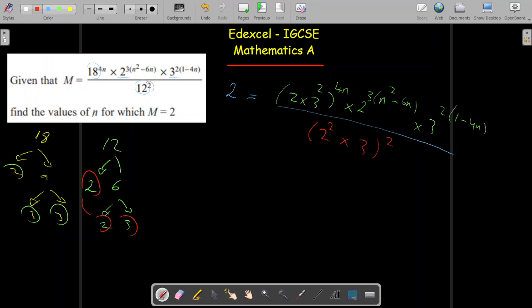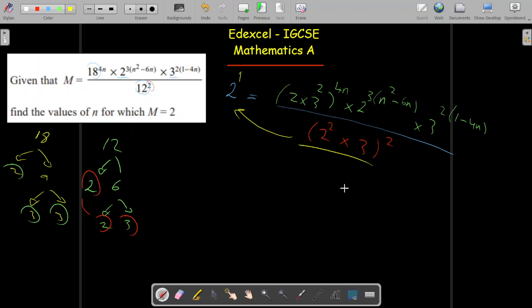So now what we're going to do, we try to get rid of this denominator, so we can have two sides of an equation. So we're going to make this go here. The only thing that you need to pay attention to is that the 2 here has the power of 1. Don't forget that.